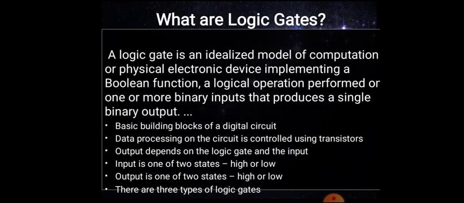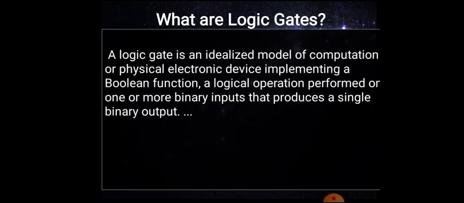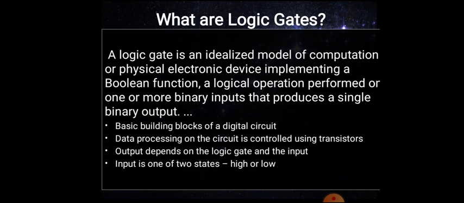So what is a logic gate? A logic gate is an electronic device, so it will do the functions of arithmetic operations. Generally, a logic gate takes one or more inputs, but it has only one output.